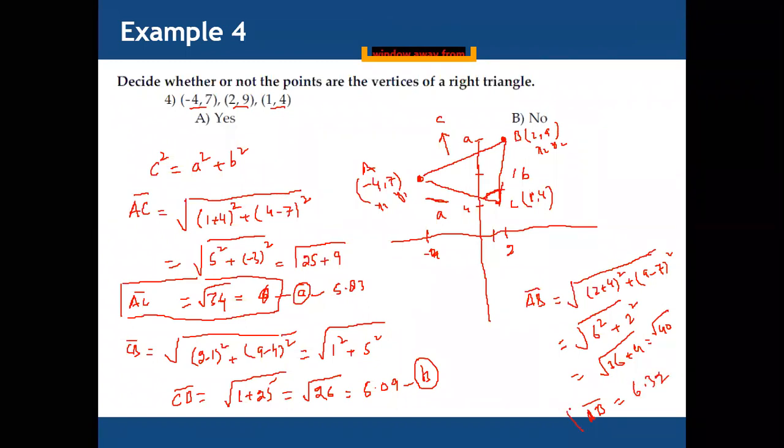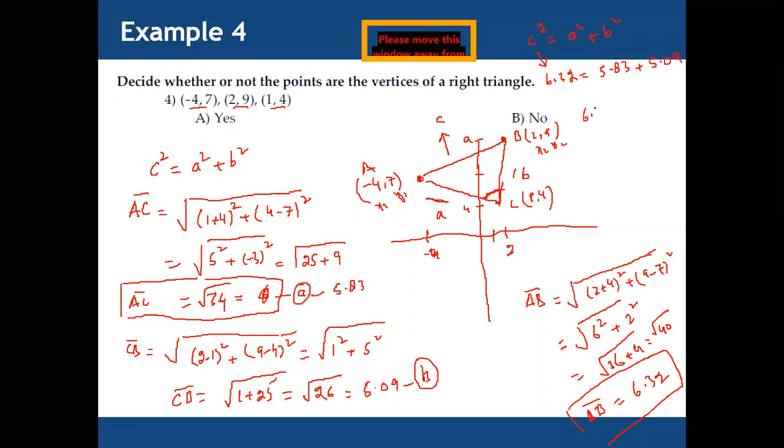Now we have all three sides A, B, C. So we have formula C square is equal to A square plus B square, where C is 6.32, A is 5.83, plus we have 5.09.